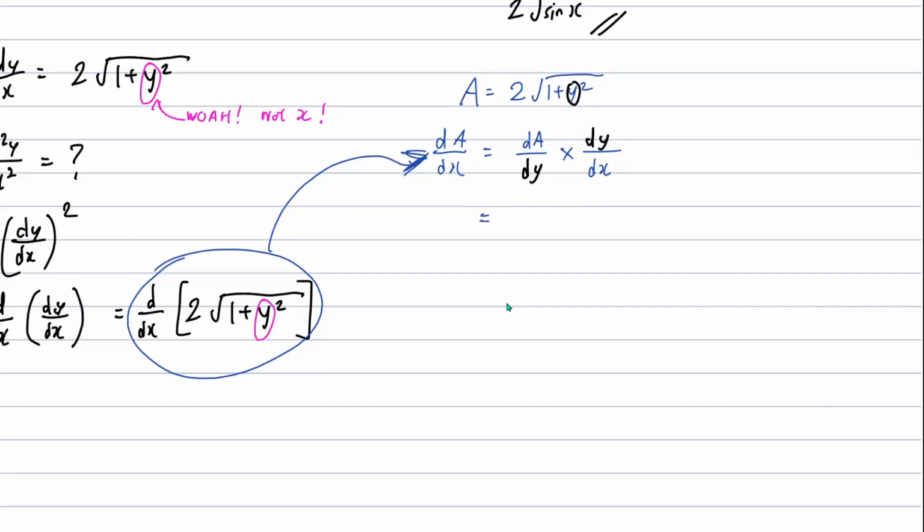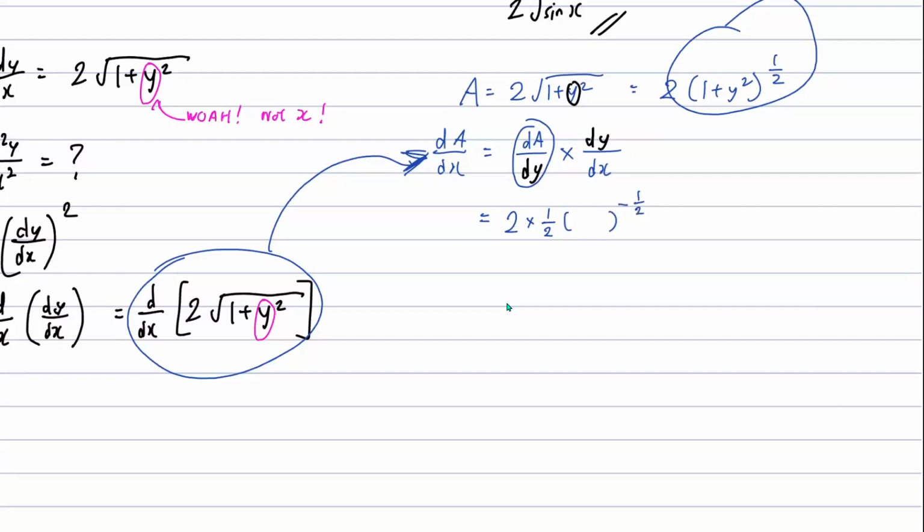Now you have to differentiate this fella, which I can rewrite as 1 plus y squared power half, with respect to y. How would you do that? dA by dy. Keep the coefficient 2. Differentiate whatever power half. What do you get? Bring down the old power half, minus 1 to get the new power negative half.